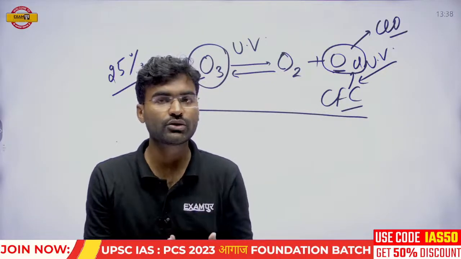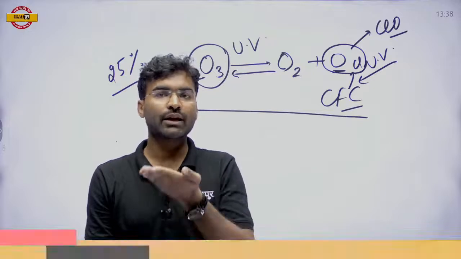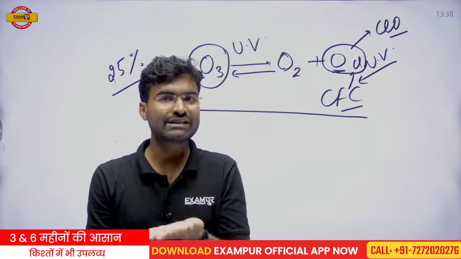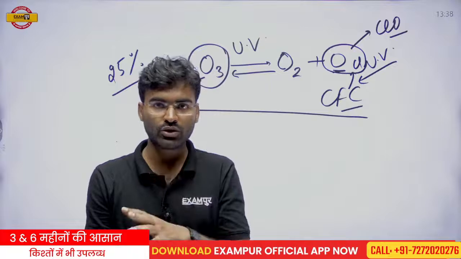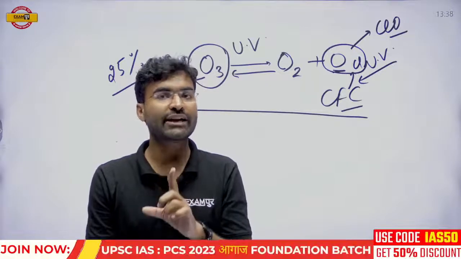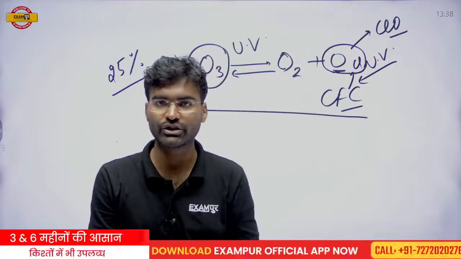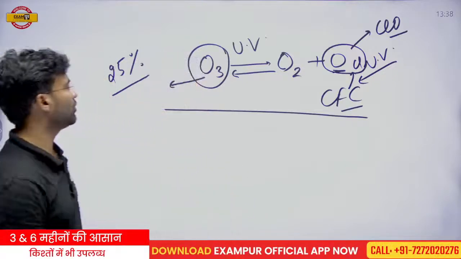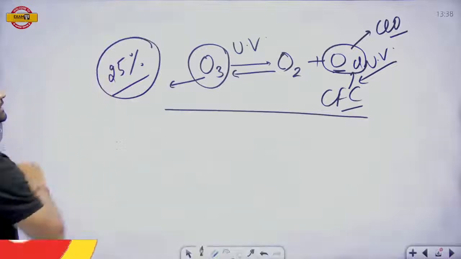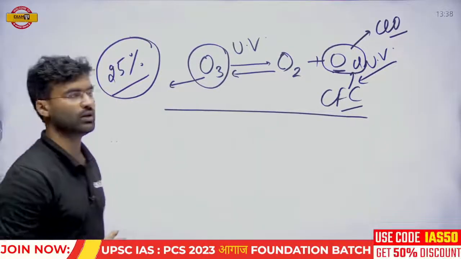What is the ozone hole actually? Ozone hole is the decrease in the ozone concentration by 25% in comparison with the normal atmospheric condition. This condition is called the ozone hole.